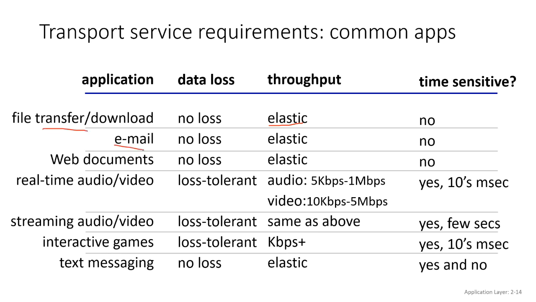Like file transfer, email, and web documents, they basically don't care about the rate of your throughput, it doesn't really matter. But in real-time video and audio, it's required if you don't want to hear someone speaking under the water. Streaming, and most of these, except also text messaging, is very elastic.